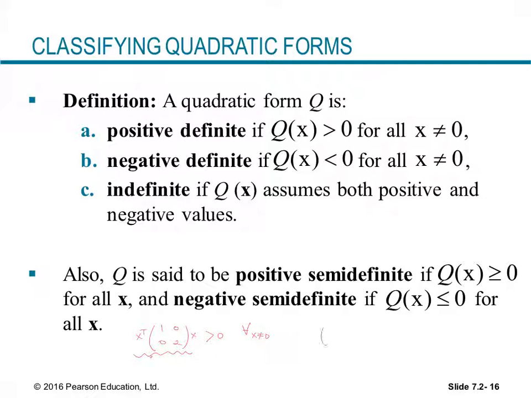If I consider the matrix negative 1, 0, 0, negative 2, then the corresponding quadratic form is always negative for any non-zero x vector. So this quadratic form will be negative definite. If I have x transpose times the matrix 0, 1, 0, negative 2 times x, then depending on the components of the x vector, this quadratic form may have positive or negative value. So this quadratic form will be indefinite.